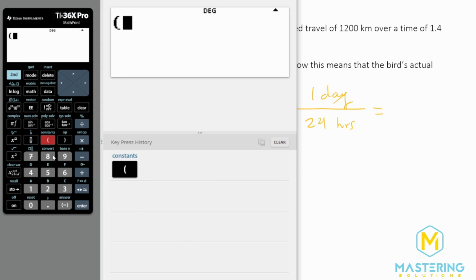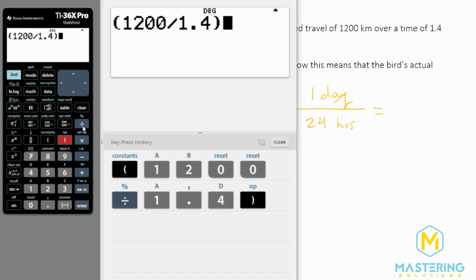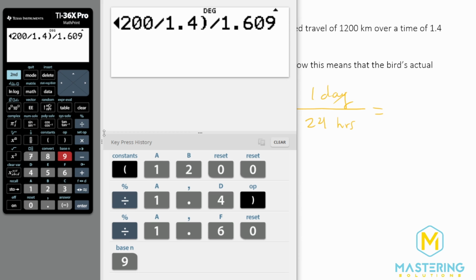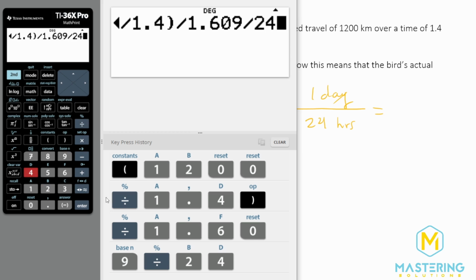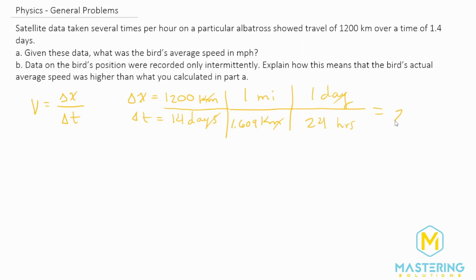We'll do 1,200 divided by 14 days, and then we'll divide by 1.609 to put that into miles, and then we'll divide that by 24 to give us miles per hour. So we have 22.197, and we'll round that to 22 miles per hour. So for part A, that is the speed of the albatross.